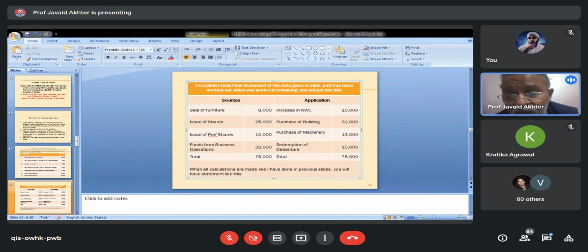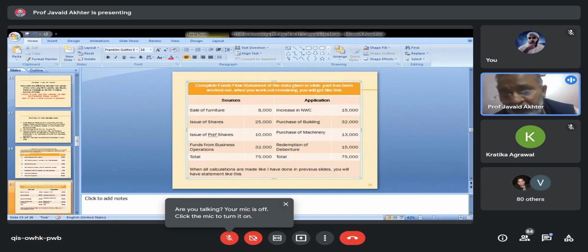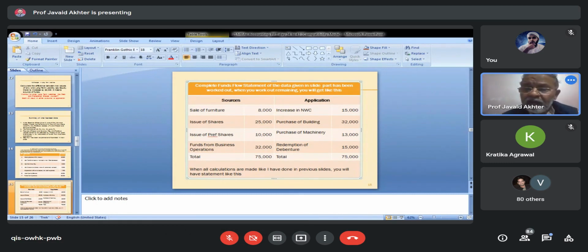A decision taken on 10,000 profit or on 32,000 profit will drastically differ. Therefore, the position of a company as on date is important, but the financial health during that year is also important, for which you prepare a fund flow statement.